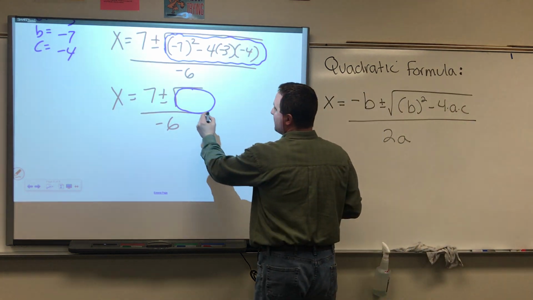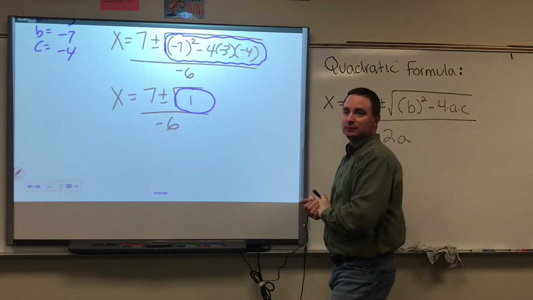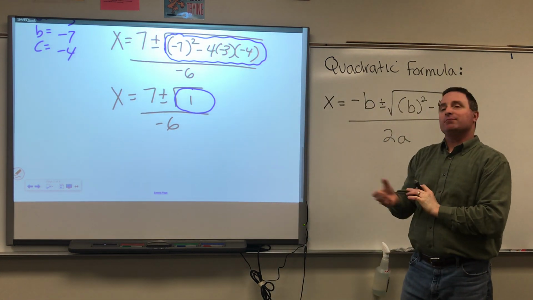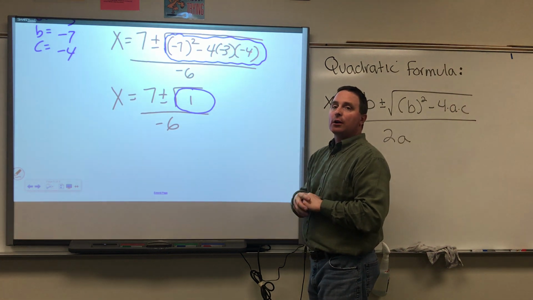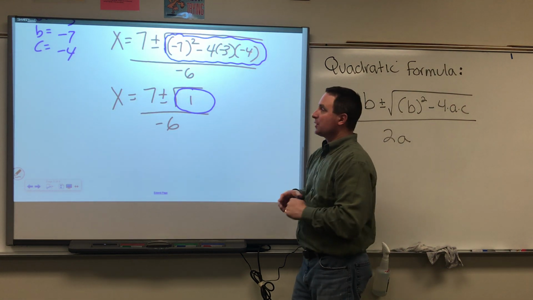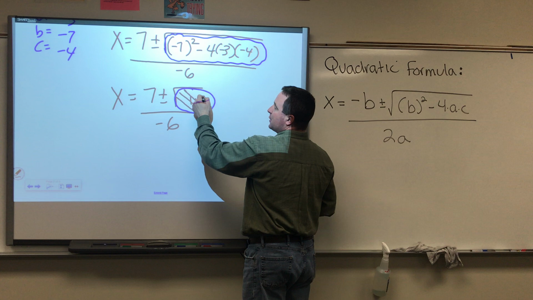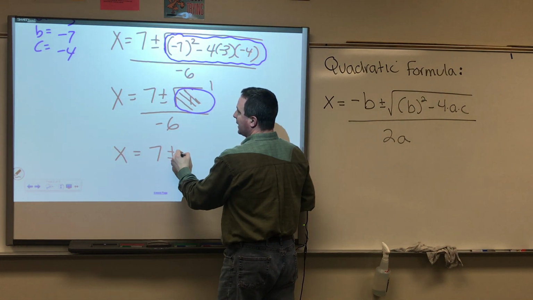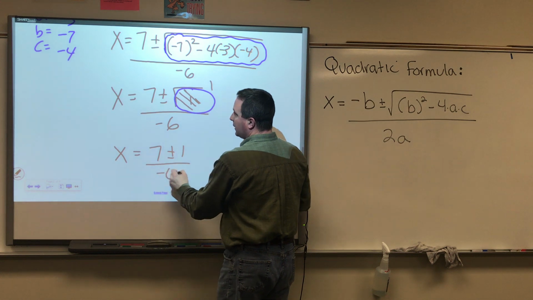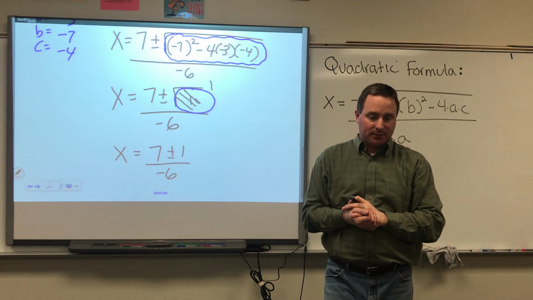This should be a positive 1. Good news for us, if I think about what we did on the last problem, let's look at that number underneath the radical. Is the square root of 1 a nice number? Sure is. The square root of 1 is 1. So this turns into a 1. And what I'm left with here is 7 plus or minus 1 all over negative 6.